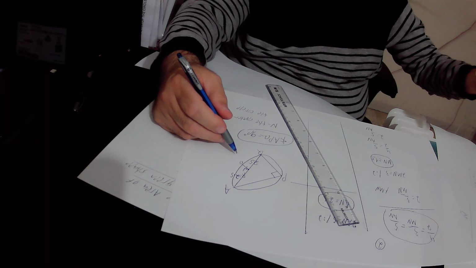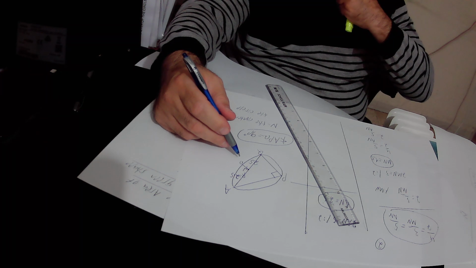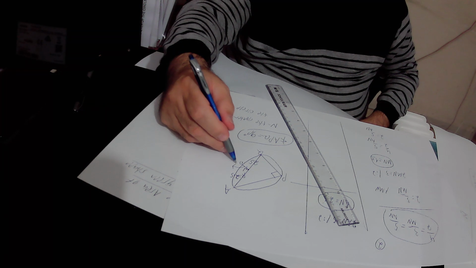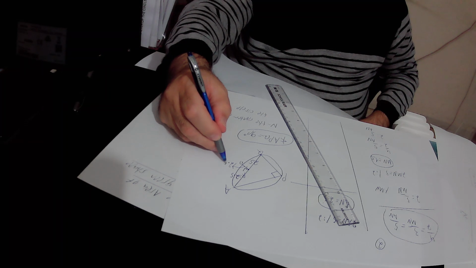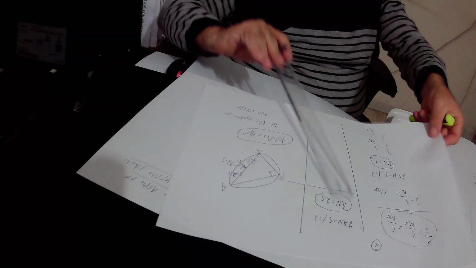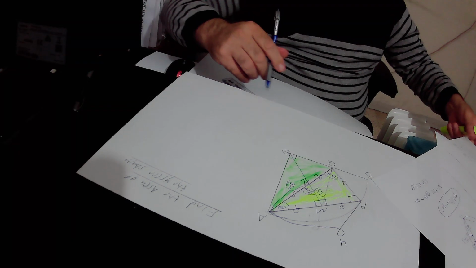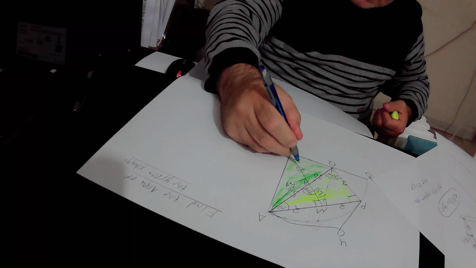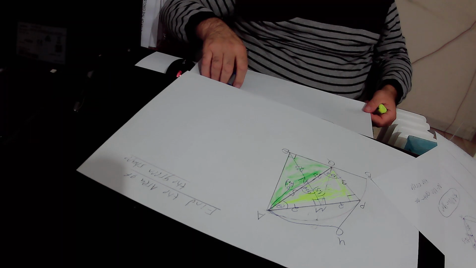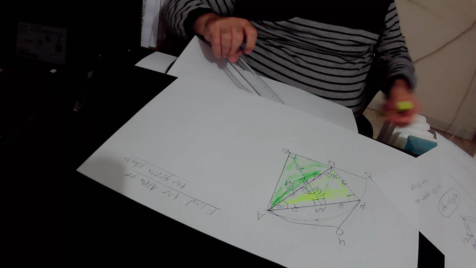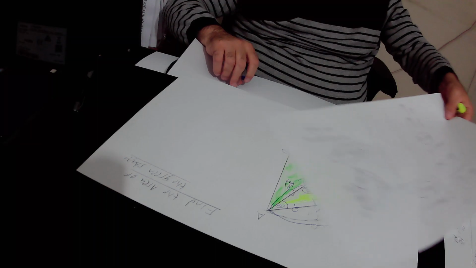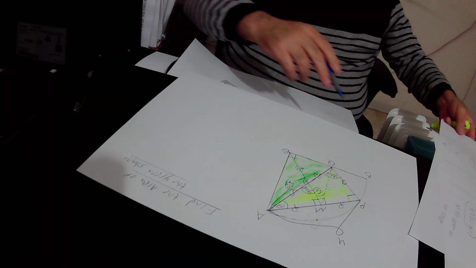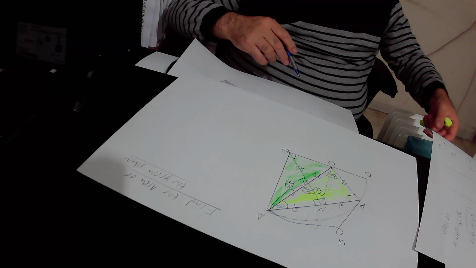This is exactly the definition of radius. Therefore, NO is also the radius of the circle that is equal to 2.5 units. It is the radius of the circle that we drew here, not the radius of the big circle.